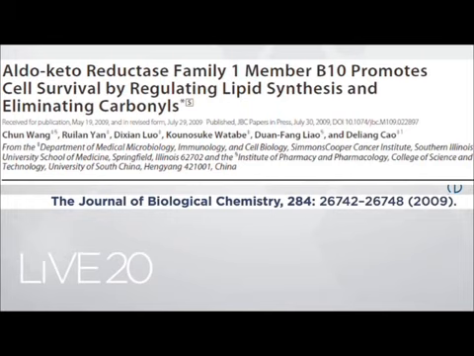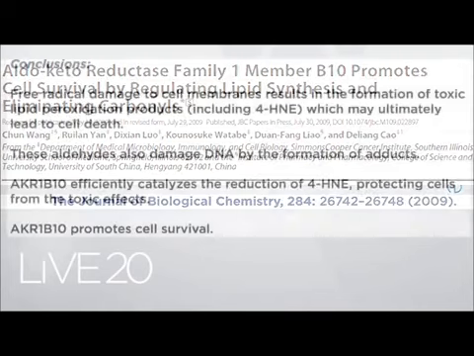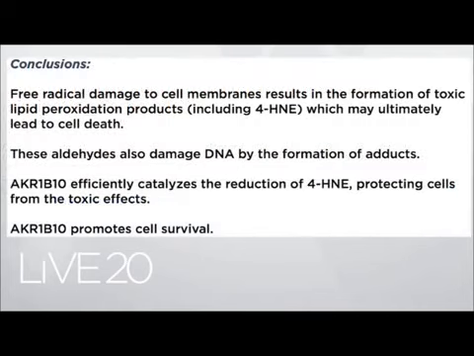This gene, AKR1B10, promotes cell survival, sounds good, by regulating lipid synthesis and eliminating carbonyls. Well, you may not know what carbonyls are, but carbonyls are related to T-bars, which you have heard before, lipid peroxidation products. The conclusion of these two papers is that this gene responds to free radical damage, which results in formation of toxic lipid peroxidation products.